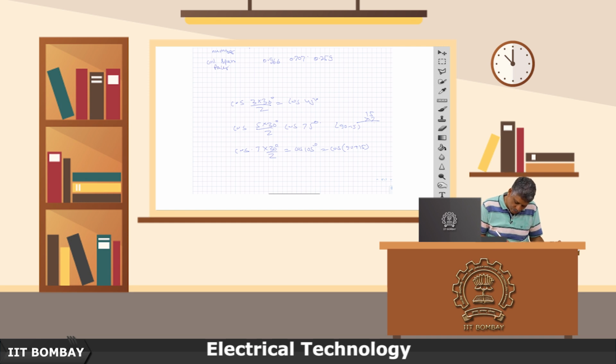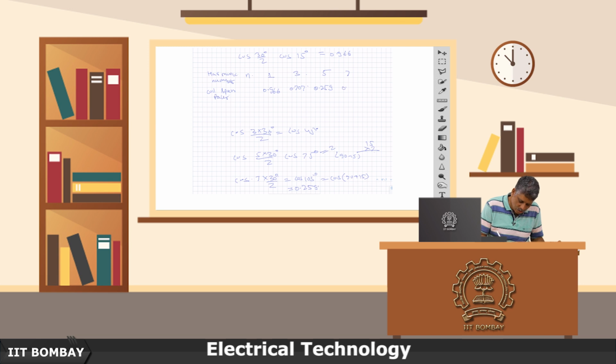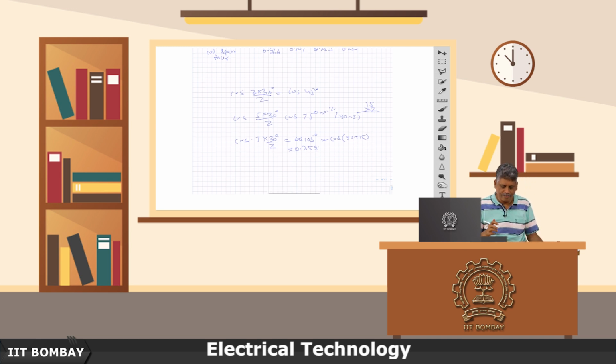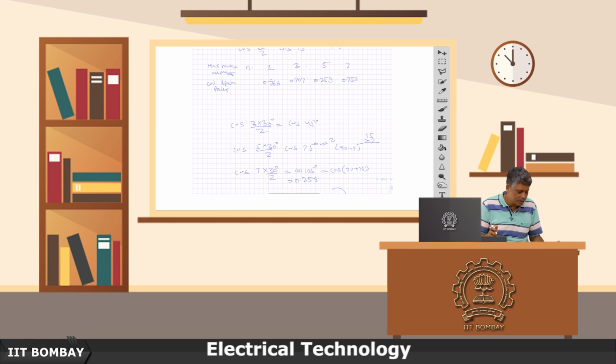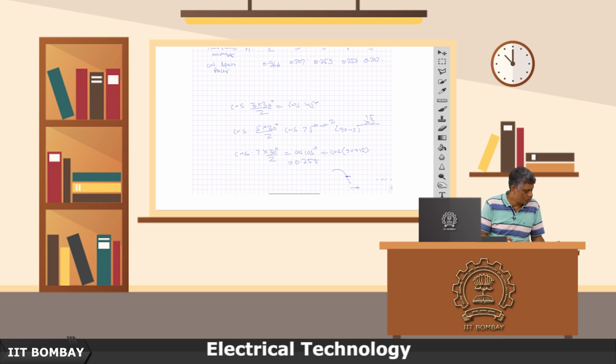From a magnitude point of view, this is again going to be the same number, 0.259, except that for cos of 90 minus 15 and 90 plus 15, one is going to be positive and another negative. And then the ninth will of course come back, you see the cycle, to minus 0.707 on the other side, but I will write it as a magnitude, 0.707.